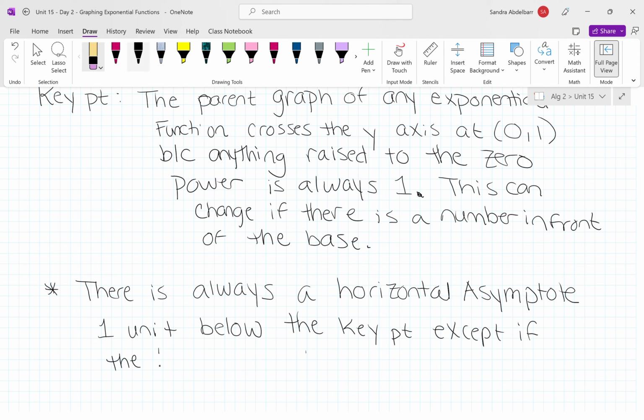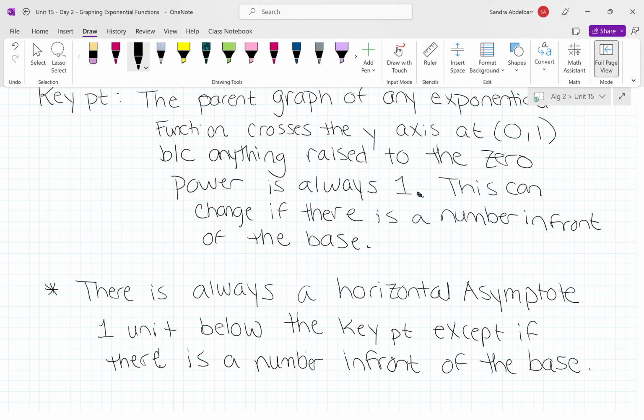Let's write that. Except if there is a number in front of the base. And I'll give you an example now. Let you write it down.